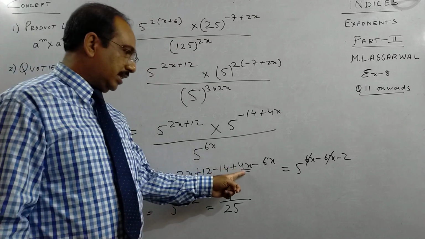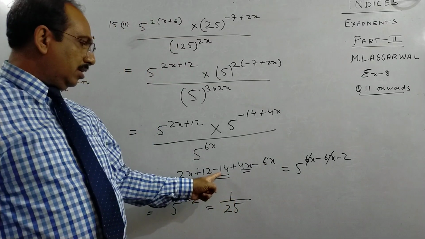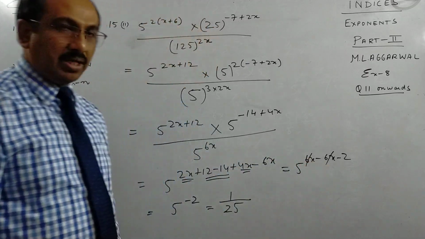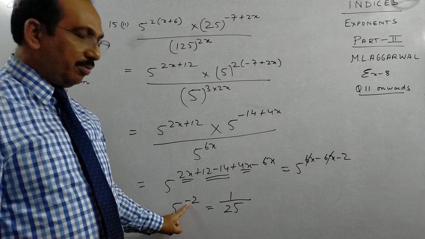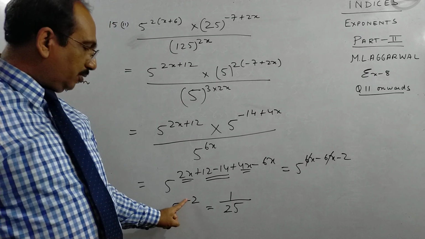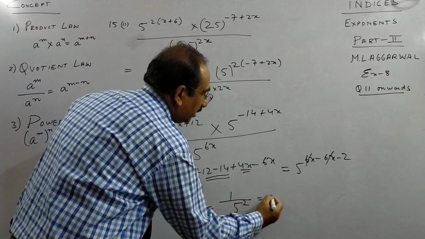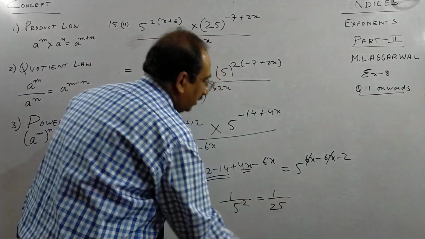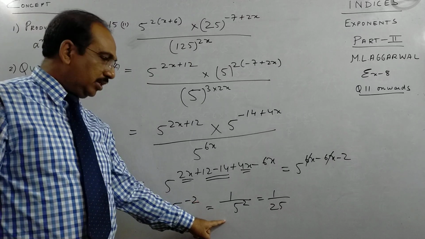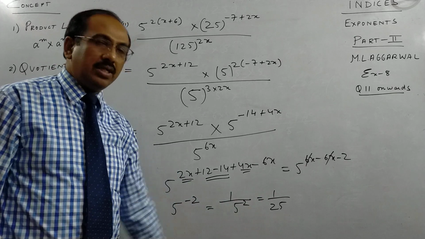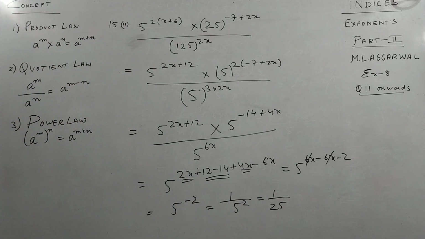In my part 1 I told you when there is minus 2, the minus becomes plus 2 in the denominator, denominator becomes numerator, and 5 square is 25, so 1 by 25. So kindly pause the video, copy and practice.